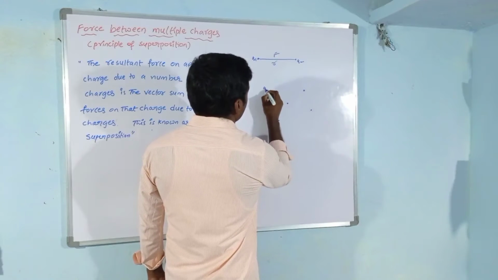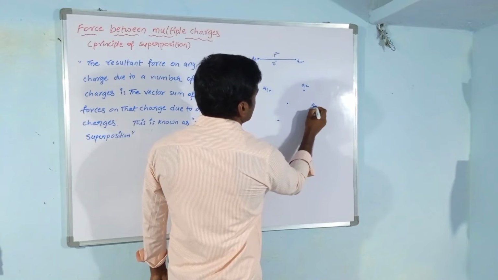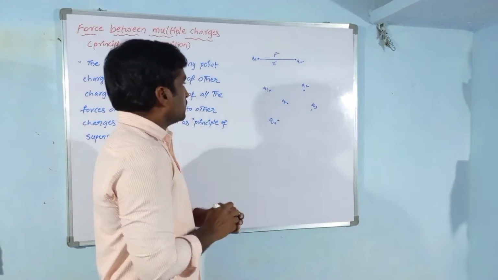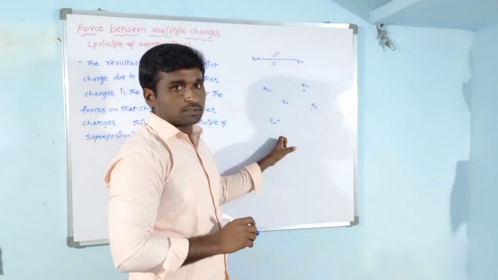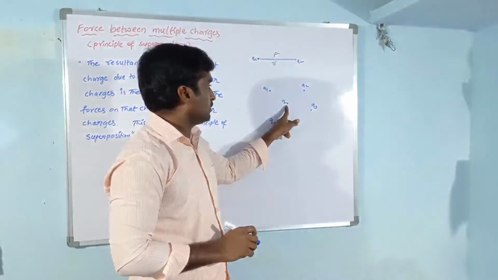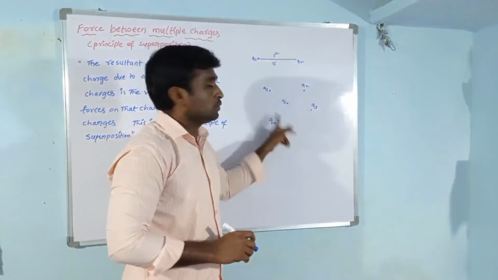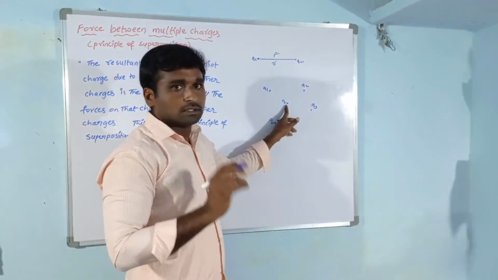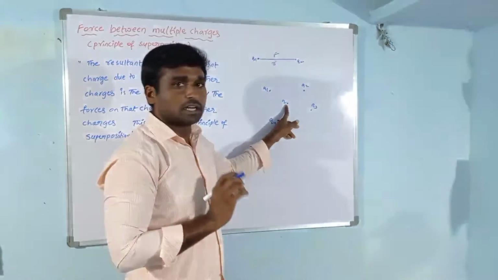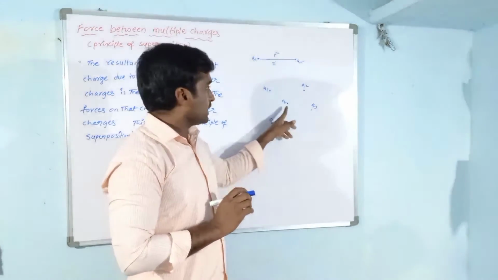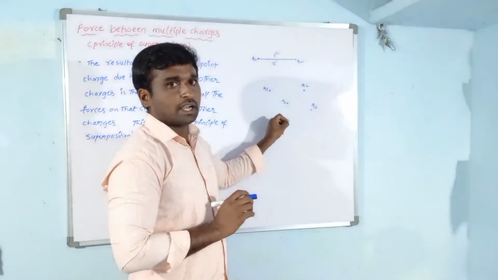This is Q1, this is Q2, this is Q3, this is Q4, this is Q. These are multiple charges, more than two charges. So the resultant force acting on charged particle Q due to other charged particles, how can we calculate that?